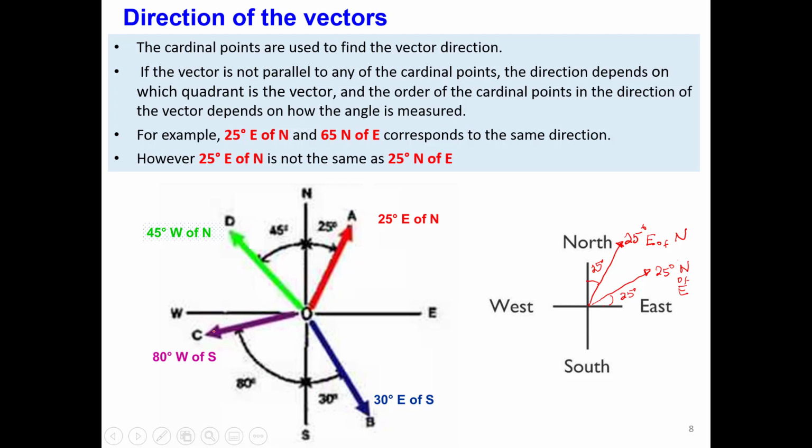In this case, the direction represented here will be 80 degrees west of south, because we start measuring from south. This one is 45 west of north, and the reason is we start measuring from north. Always the last cardinal point corresponds to where we start measuring the angle.